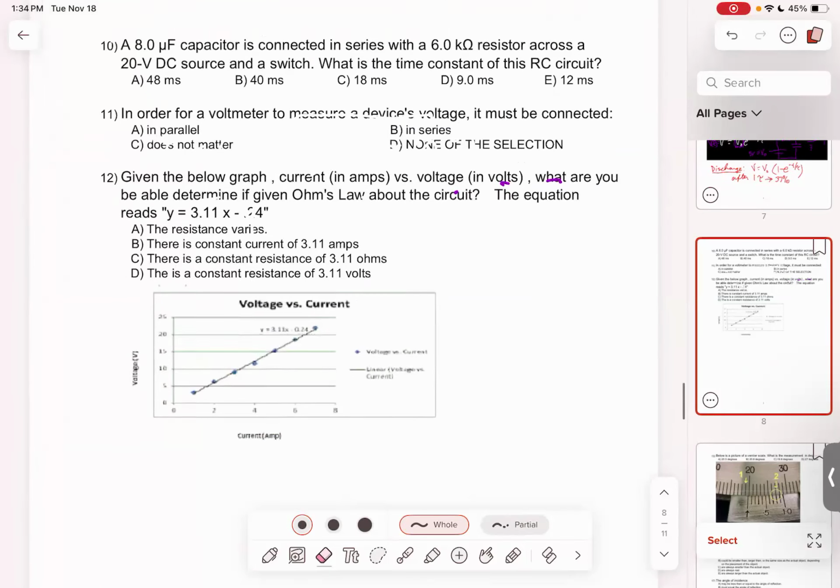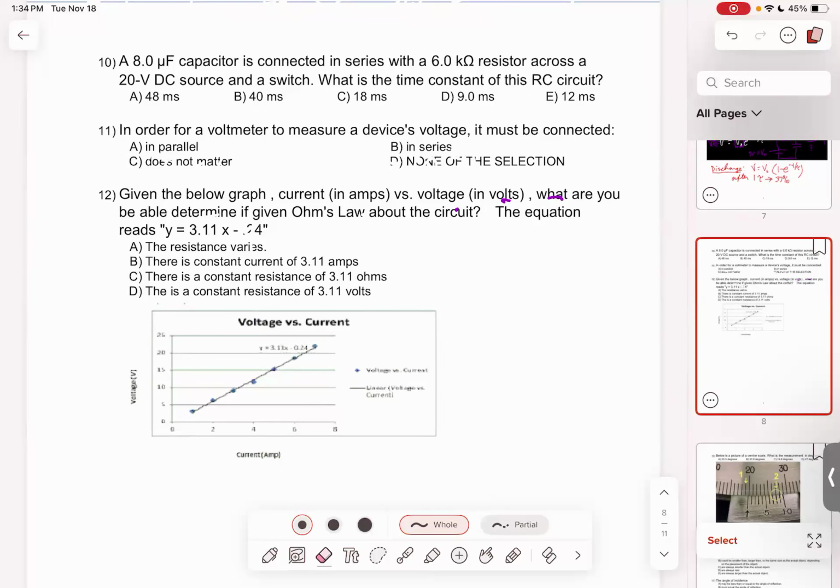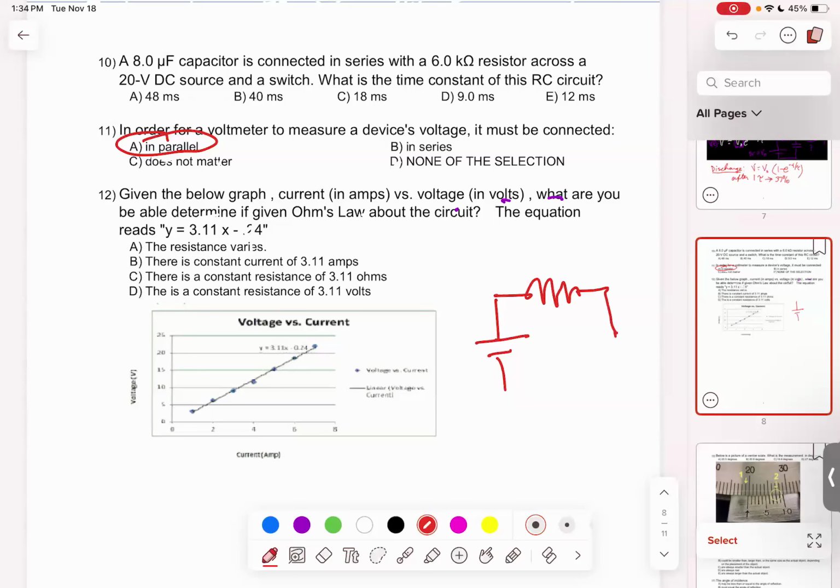Okay, so we just did number 10, number 11. In order for a voltmeter to measure a voltage, it must be connected in parallel, right? In parallel. So one more time, let's just say you were trying to measure the voltage across a resistor, the voltage drop.